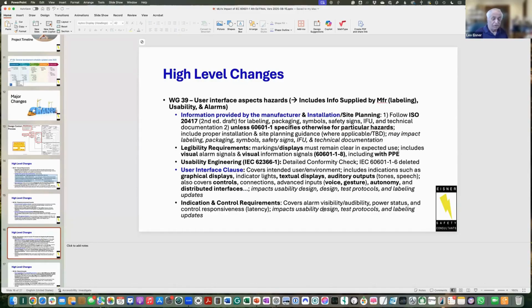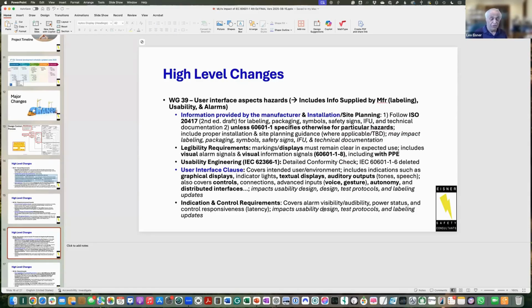User interface clause, totally new concept, really. And we're looking at graphical displays, touch sensors, textual displays, auditory. So human factors type things: tone, speech, voice, gesture, autonomy.